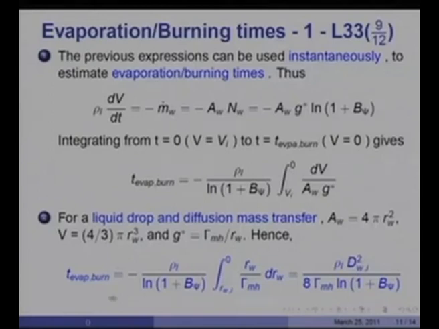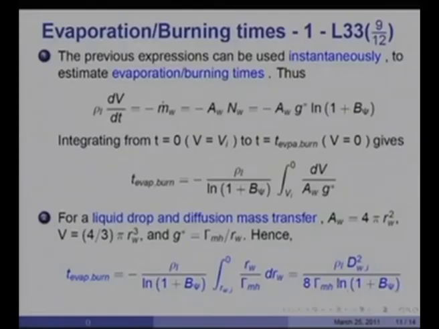Hence you will see that the evaporation or burning time would be minus rho L divided by 1 over B psi, integral from R w i to 0 of R w by gamma h dR w, and that will yield the so-called d squared law: rho L d w i squared over 8 times gamma h ln(1 plus B psi).